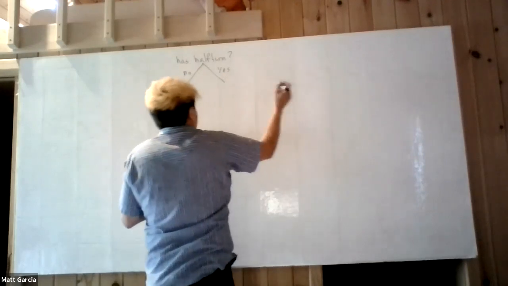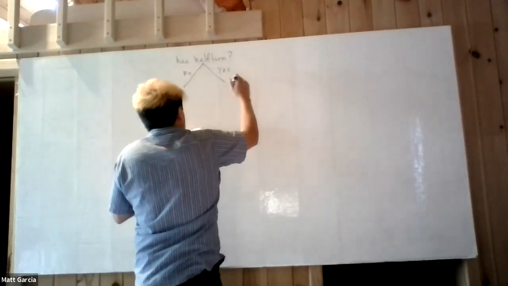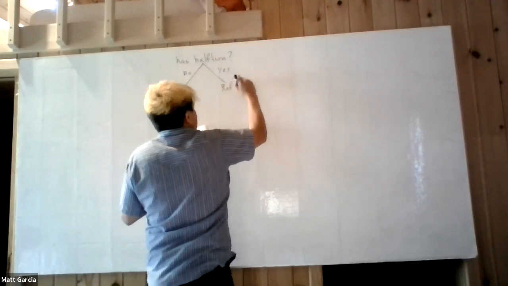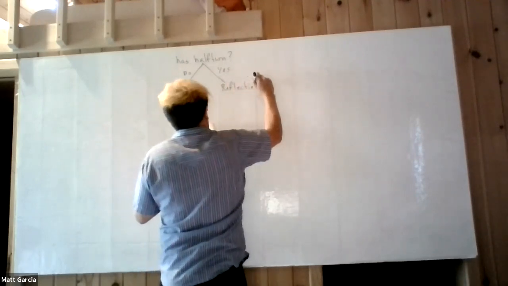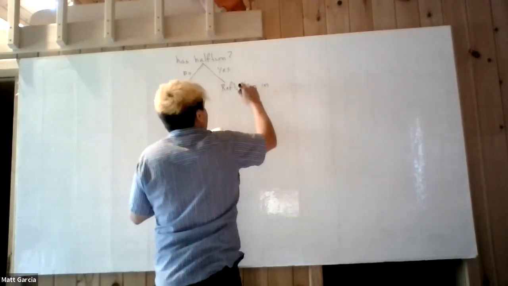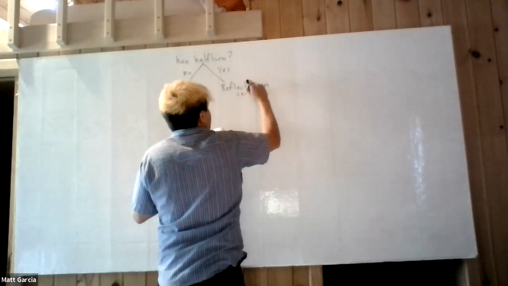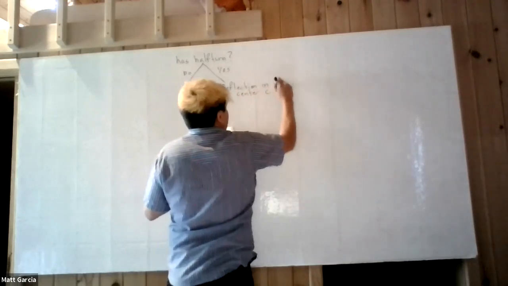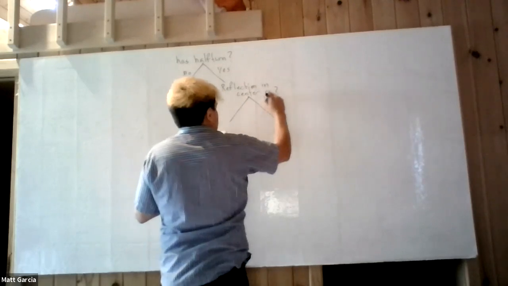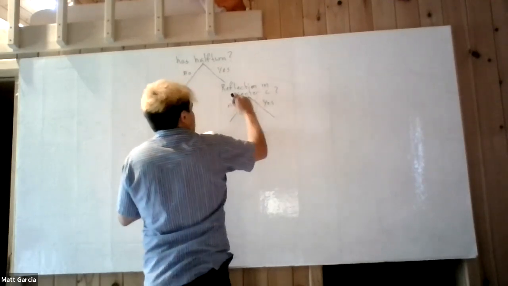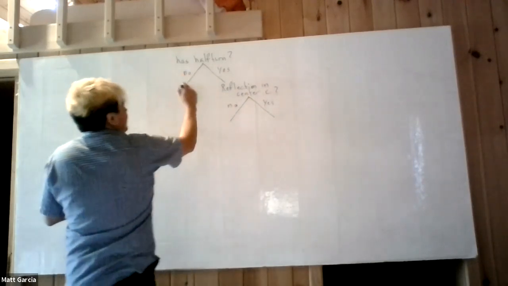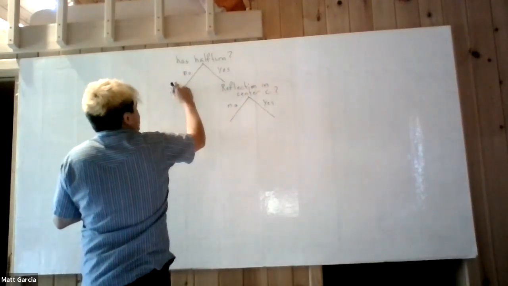Then the next question we should ask is, does it contain a reflection in the center C? And I'll ask the same question here on the no branch.